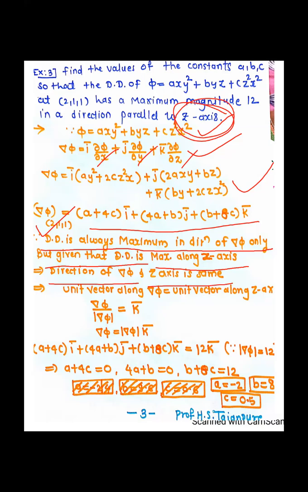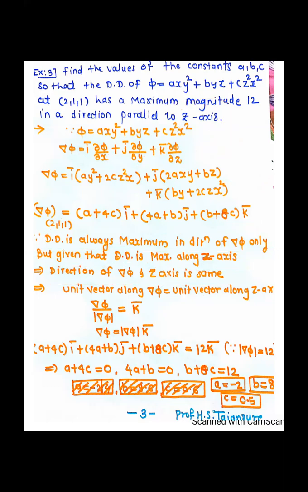Again, we'll use the same concept. If the directions of two vectors are the same, the unit vectors along them are also the same. That's why the unit vector along del phi equals the unit vector along the z-axis. Del phi cap means del phi upon its magnitude, and along the z-axis it is k bar. Again, I have shifted this denominator to the right hand side.